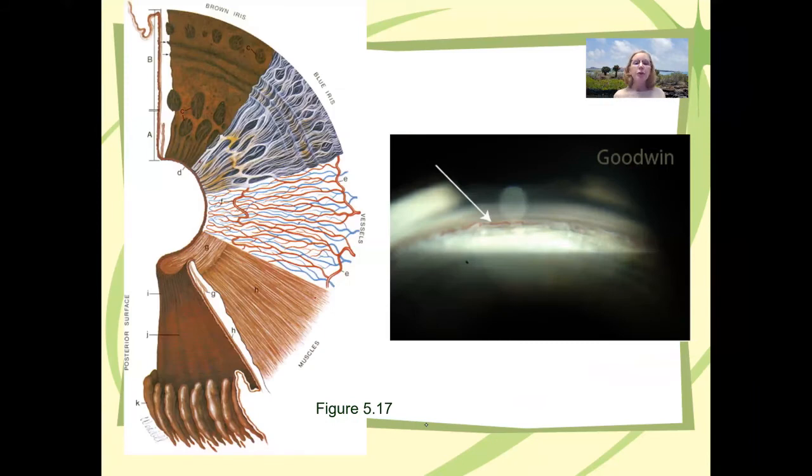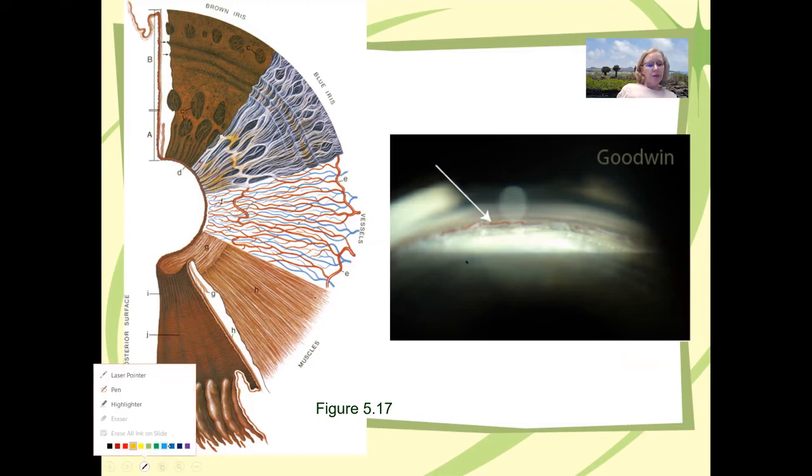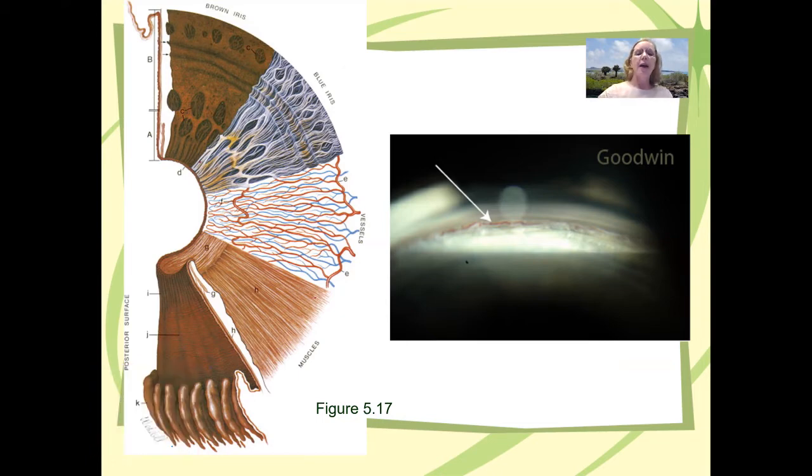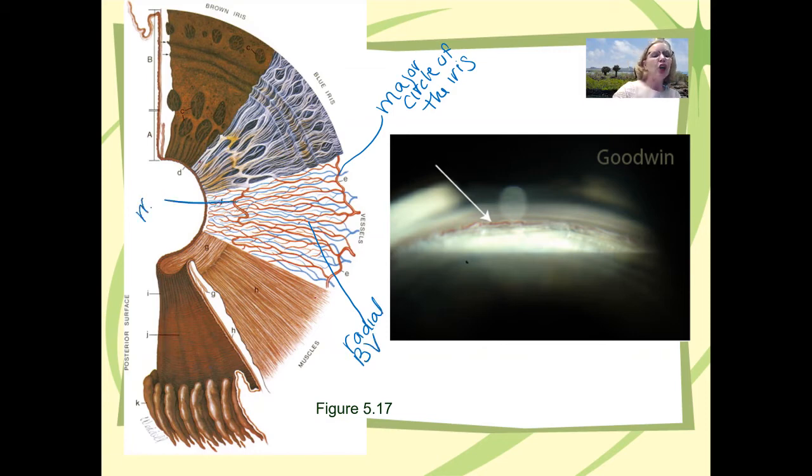This image also shows the blood vessels of the iris. Let's switch colors just because it might be easier to see since these are red. So here is our major circle of the iris. Then you can see the radial blood vessels and the discontinuous minor circle of the iris.